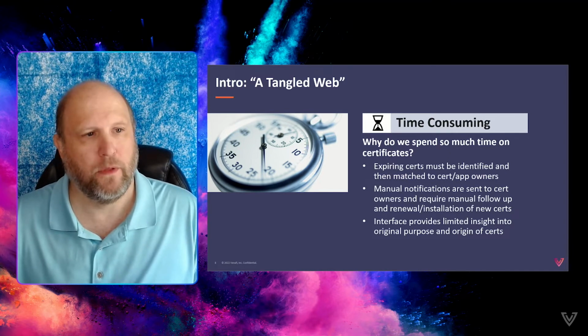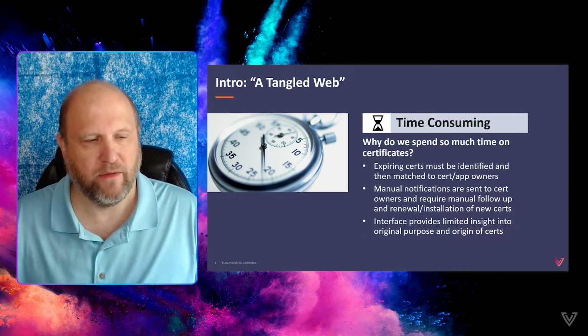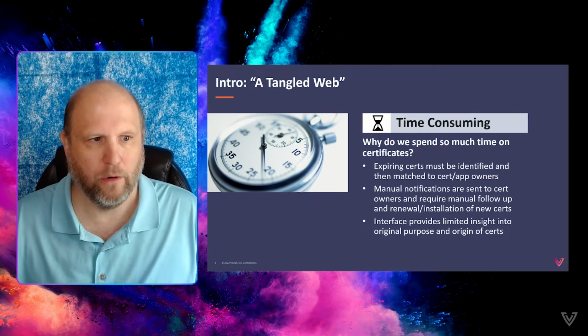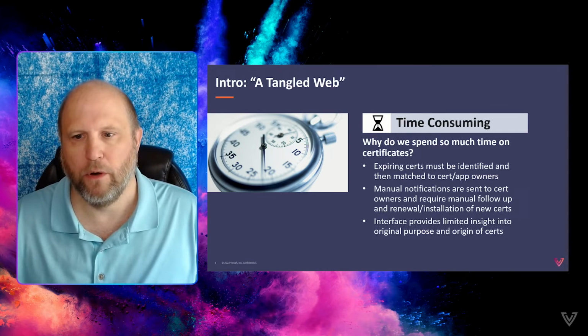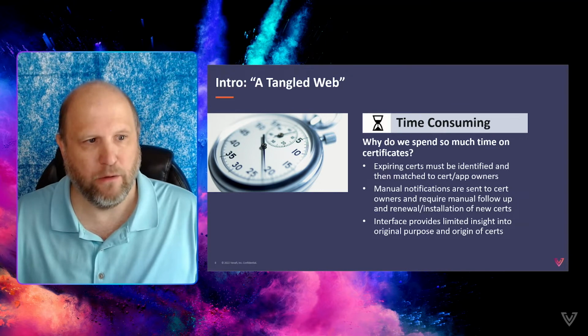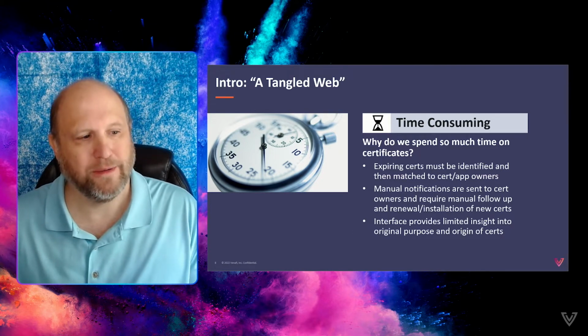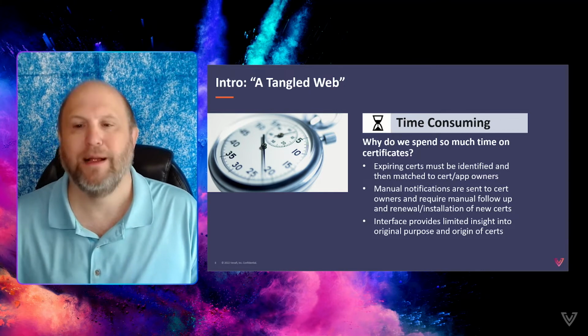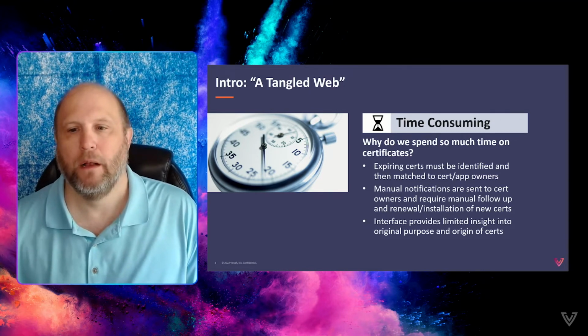If we did not know the owner, we would have to do some investigation. That was manual work. We had to match up the apps to the certs. We had to match up the current owner, get contact with the owner, and all that was in a manual process. Manual notifications, even when you send emails and different kinds of communications, that all takes time. So that is very time consuming, right?